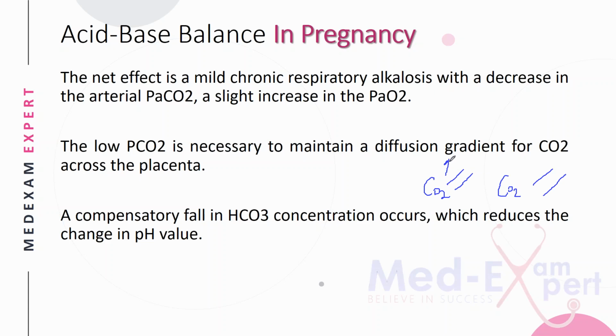In the fetus, the partial pressure of CO2 is higher than in the mother, so it can pass from the fetal circulation to the maternal circulation to be excreted. So this slight respiratory alkalosis is important to maintain the diffusion gradient for CO2 to pass through the placenta from the fetal to the maternal circulation.